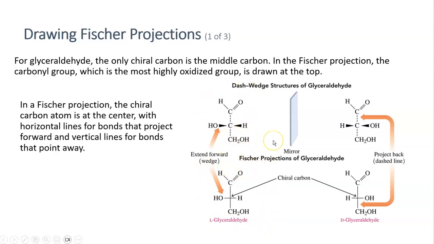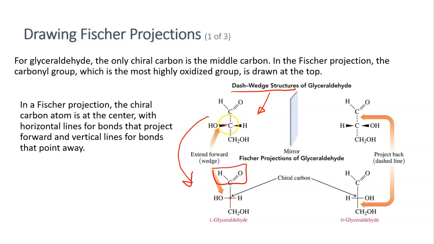Now, how can you convert this into a Fischer projection? As I mentioned before, you need to keep the aldehyde on top and this carbon is in this intersection, and the atoms that come forward. Now, this is a dash wedge structure. The dash wedge structure is given here because these dashes represent the bonds that go backward and the wedges represent the bonds that come forward.